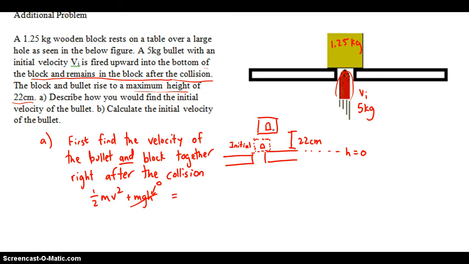At its highest point, its speed is 0. So we have no speed. But we do have gravitational potential energy, and that's going to be our 21 centimeters. So we can use energy conservation to find what the speed of both the bullet and the block are together.